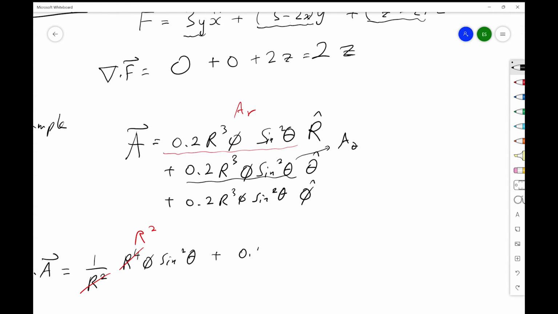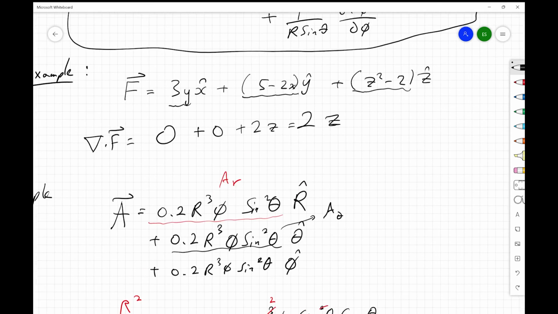So this is going to be 0.6 for the sine cubed, r cubed phi sine squared theta, right? I'm differentiating the sine cubed, and then I differentiate the sine, which becomes cosine theta, right? And then this whole thing is divided by r sine theta. So r cancels this r, this becomes r squared. Sine theta cancels this squared, becomes sine theta cosine theta.